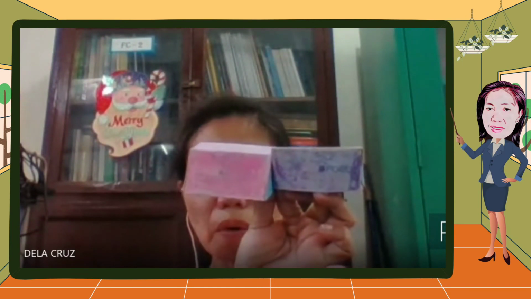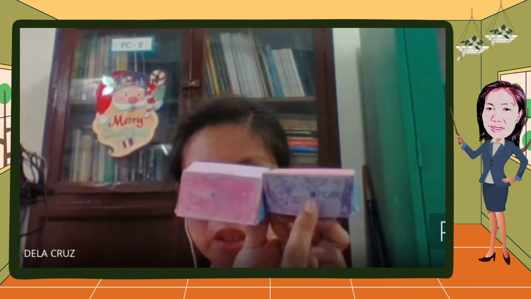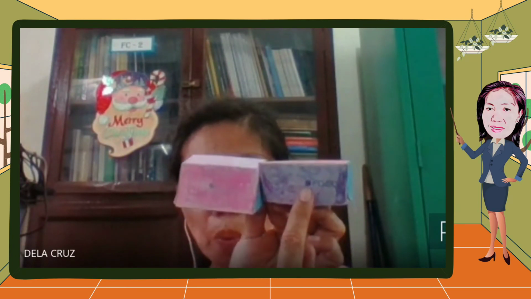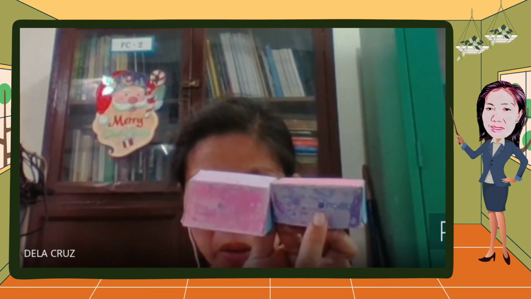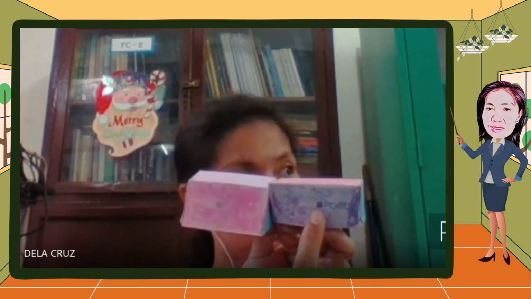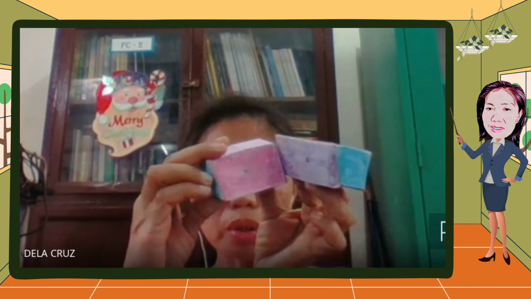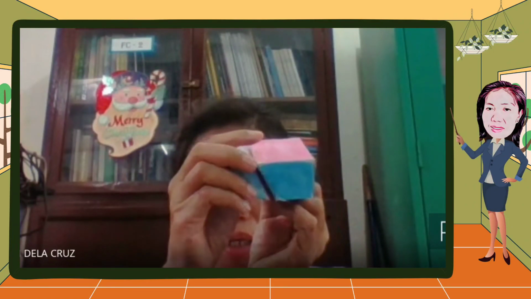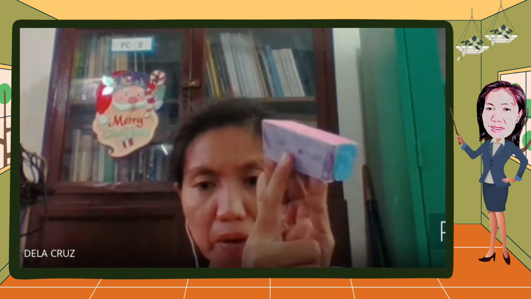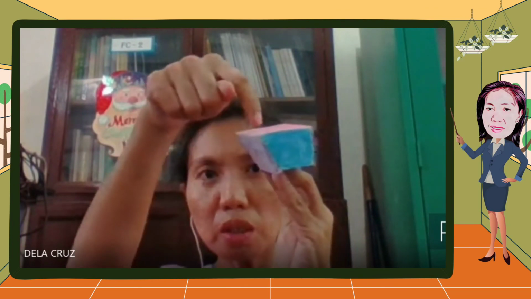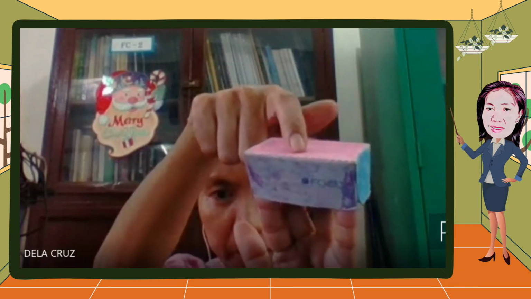Okay? In the fault plane, we can find the focus. The focus is the point where the first movement occurs. So ito, nasa ilalim yan siya, underground. And if we're going to close that one, and then draw a line from the focus going to Earth's surface, nandito ang epicenter.